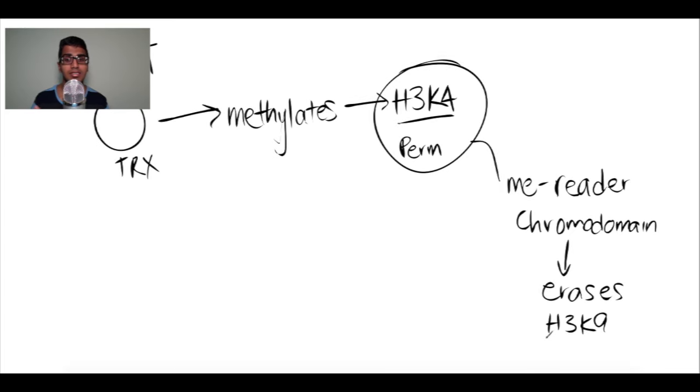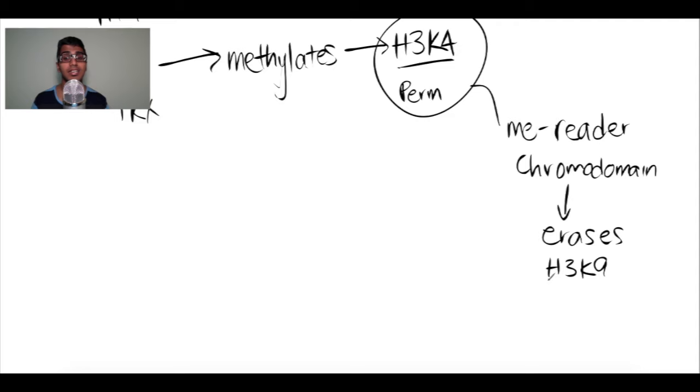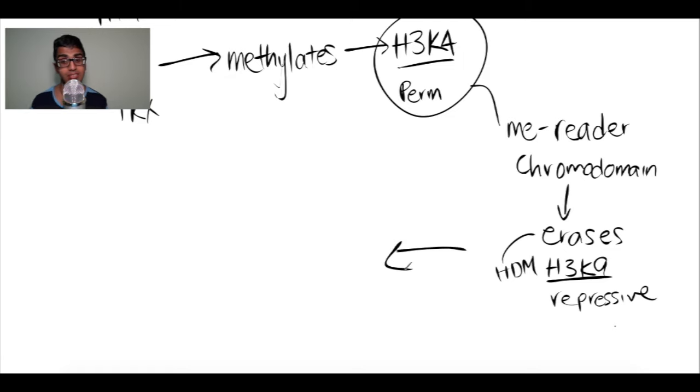H3K9 is erased, and H3K9 is a repressive mark, so the repressive mark has to be erased in order for the permissive mark to work. The thing that erases the H3K9 is called histone demethylase, and this demethylates the H3K9, therefore inactivating it.